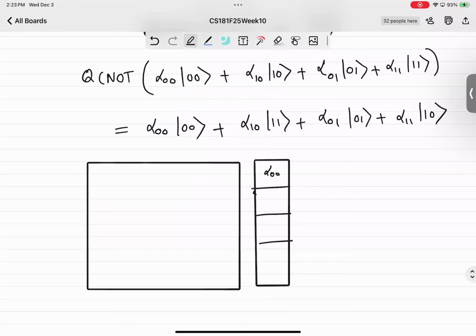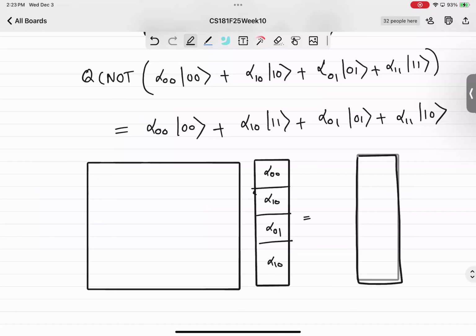So alpha 0 0, alpha 1 0, alpha 0 1, alpha 1 1 should become alpha 0 0, alpha 0 1, alpha 1 1, alpha 1 0.